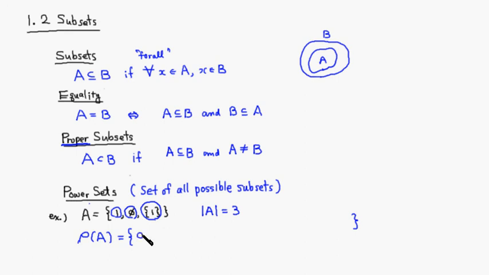Empty set is always a subset, right? That has no element. And a subset with only one element would be, okay, you can have a set with 1 in it, right? That will be a subset of this. Or a set with the empty set in it, that will be a subset of this, right?